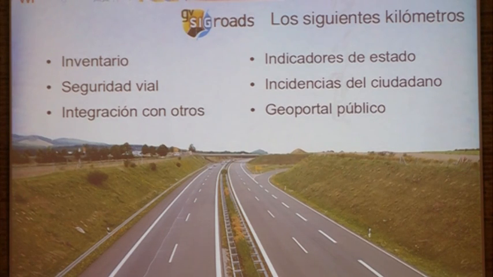The ideas that we have at the gvSIG Association include being able to add the inventory of all the elements which compose the road structure, integration with other layers of information, and status indicators, in order to see any incidents on the road and being able to inform the citizens.